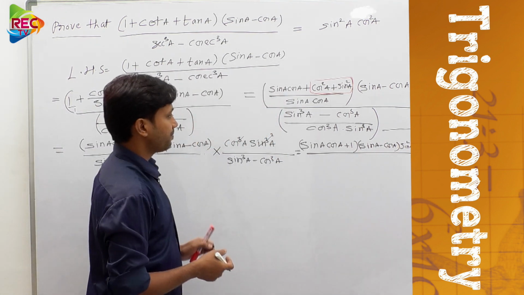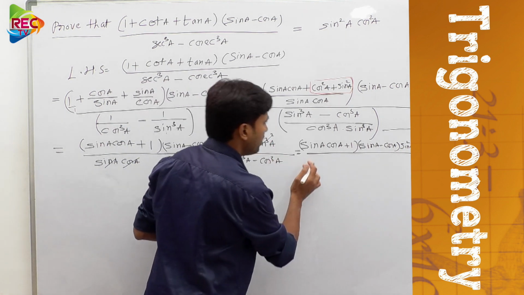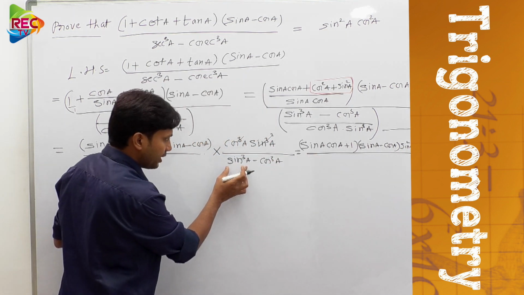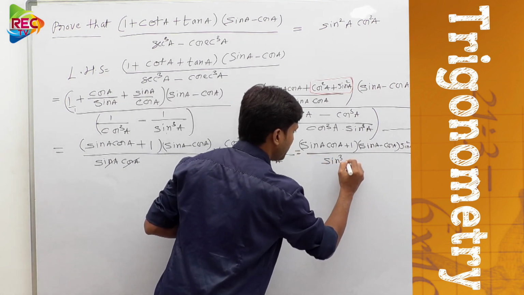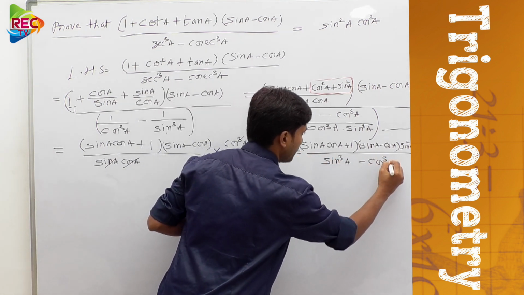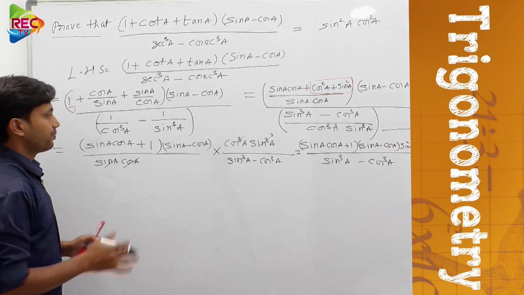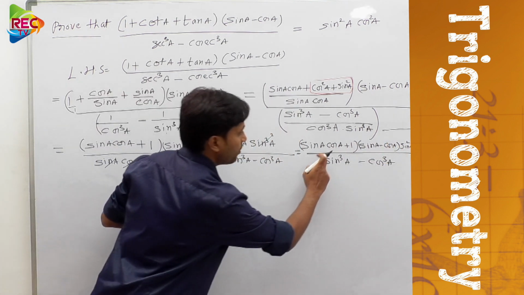Now just look at this denominator. I will write the denominator here: sin cube a minus cos cube a. Now let us explore the denominator part.